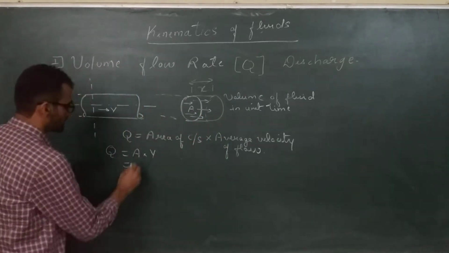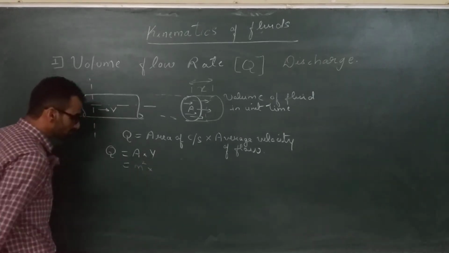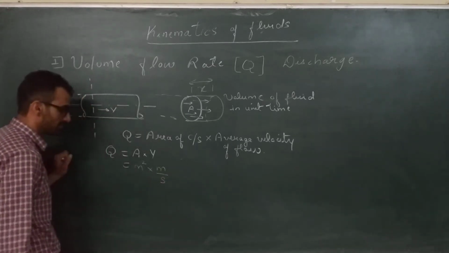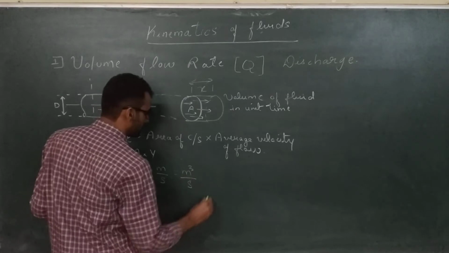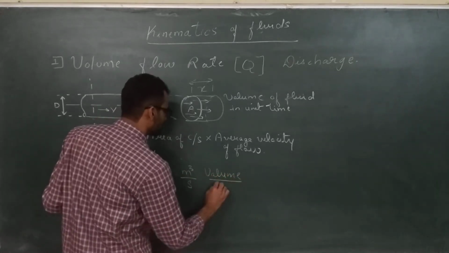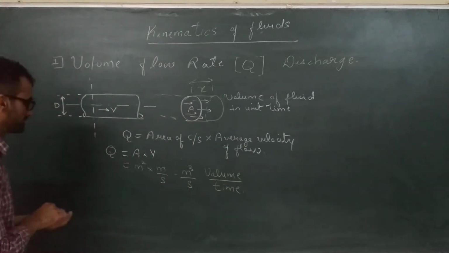Area has unit meter square and velocity has meters per second, so we get meter cube per second, that is volume per unit time. This is nothing but the discharge.